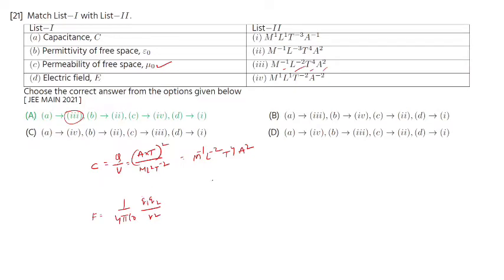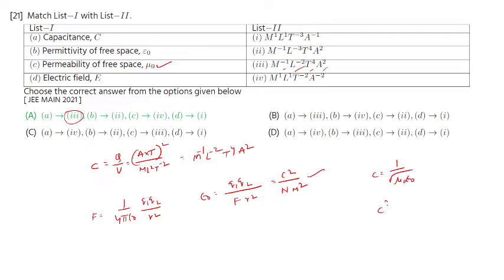From this, epsilon naught will be Q1 Q2 divided by F into R square, that is Coulomb square divided by Newton meter square. If you substitute the dimensions of all these things, you will get the dimensions for epsilon naught. Similarly, for mu naught we can go with a different formula: speed of light, we know, is 1 over square root of mu naught into epsilon naught.